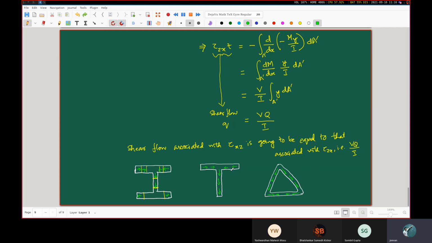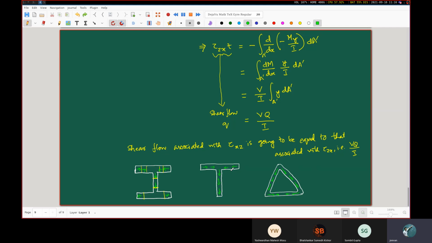Must be thin, because it is only when they are thin that the contributions from the tau xy are negligible. And for all intents and purposes, we can consider that the shear flow in these horizontal parts is contributed only and only by the tau xz.